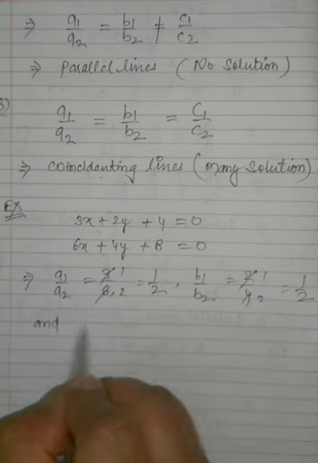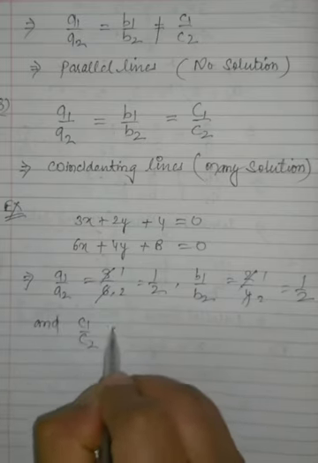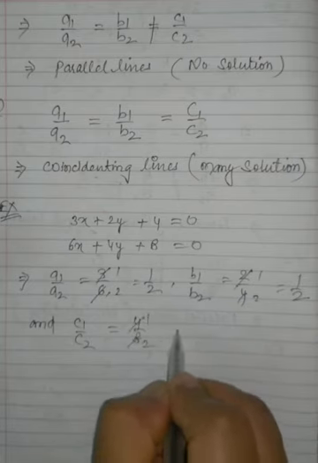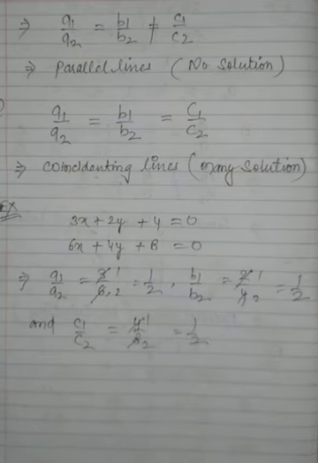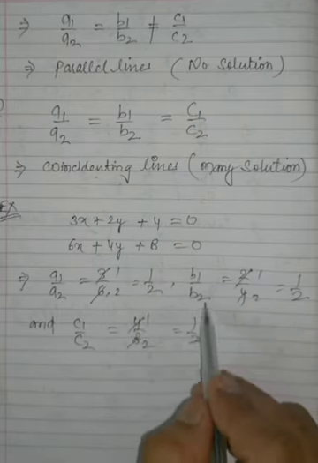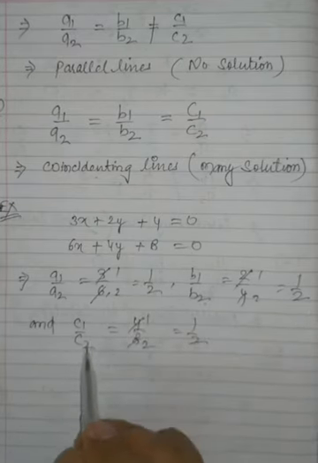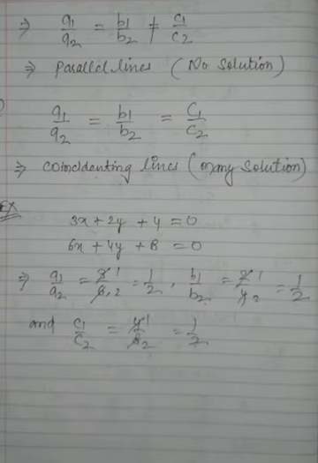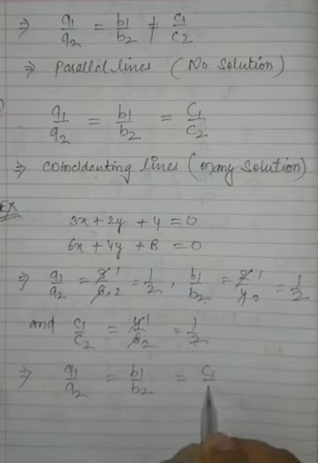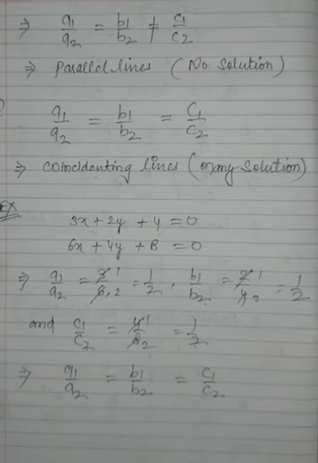And c1 upon c2 is equal to 4 by 8, that is also equal to 1 by 2. So a1 upon a2 is 1 by 2, b1 upon b2 is 1 by 2, c1 upon c2 is also 1 by 2. That means a1 upon a2 is equal to b1 upon b2 is equal to c1 upon c2.